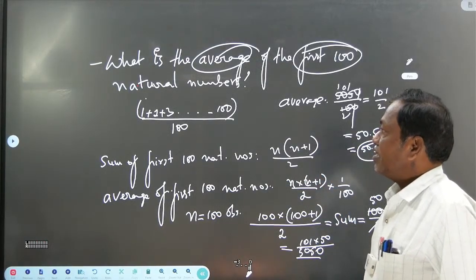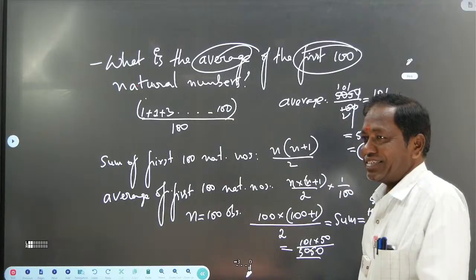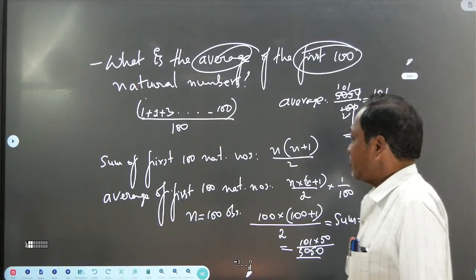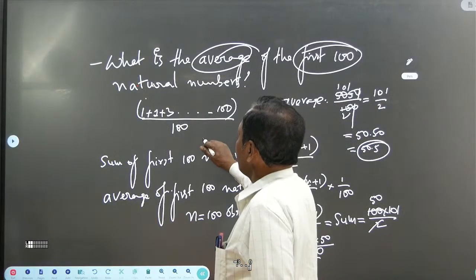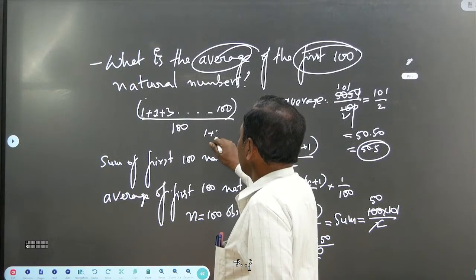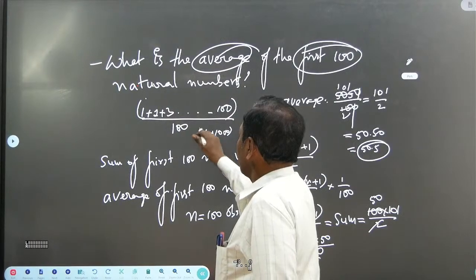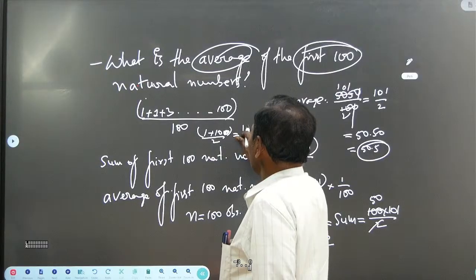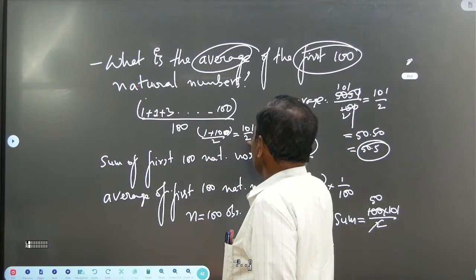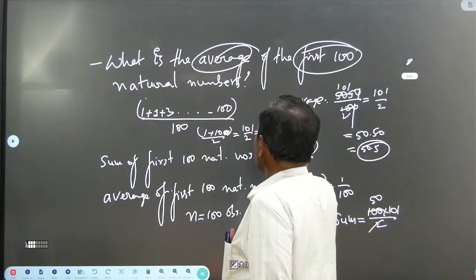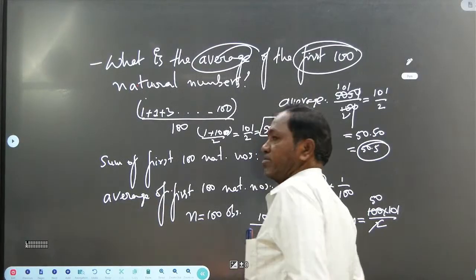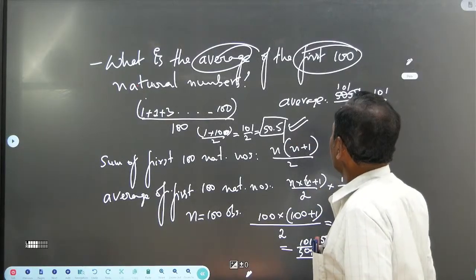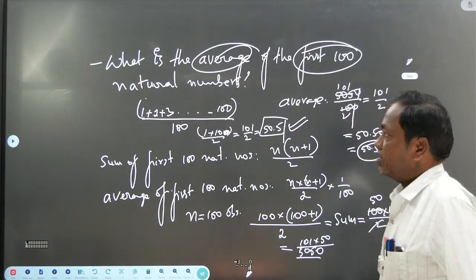What would be the result? 1 plus 100 is 101, by 2. It means 50.5 is the average. That's the answer. That's the trick.